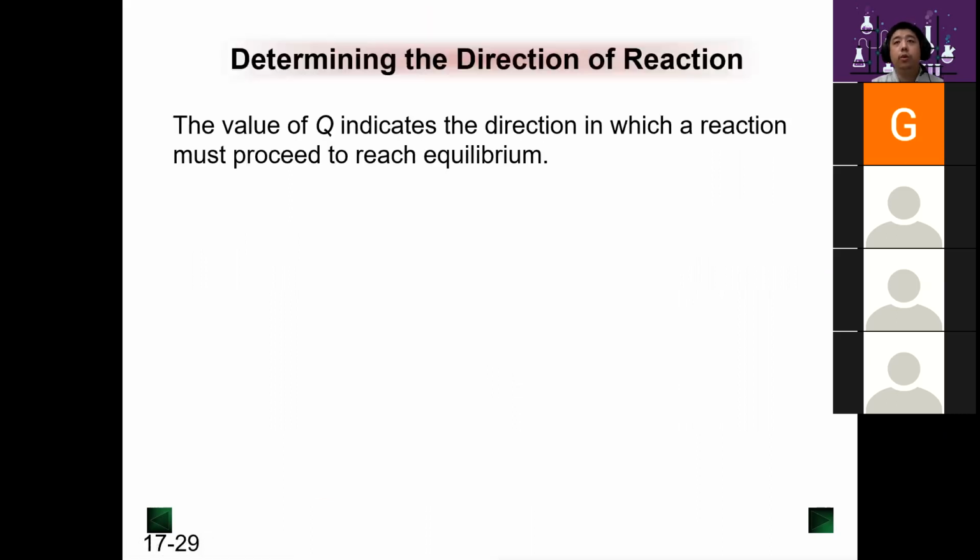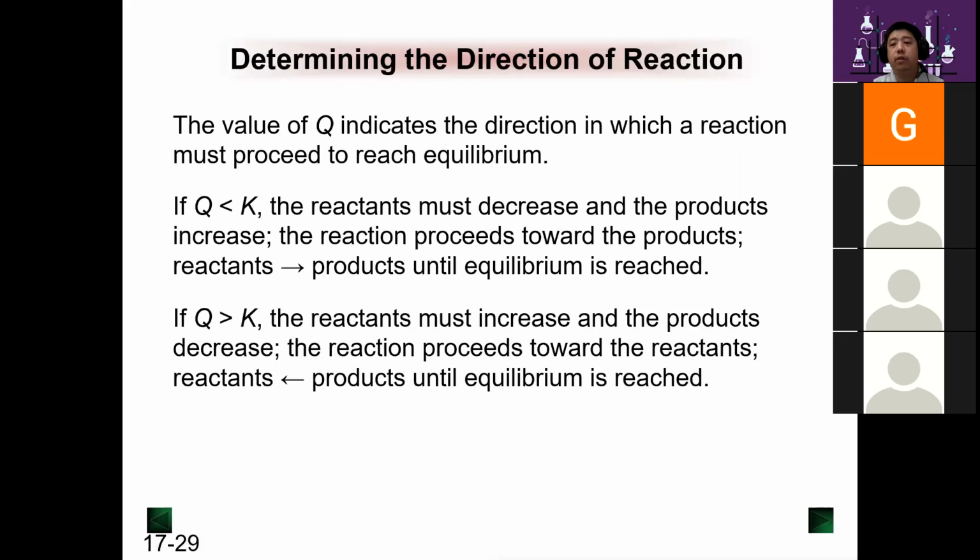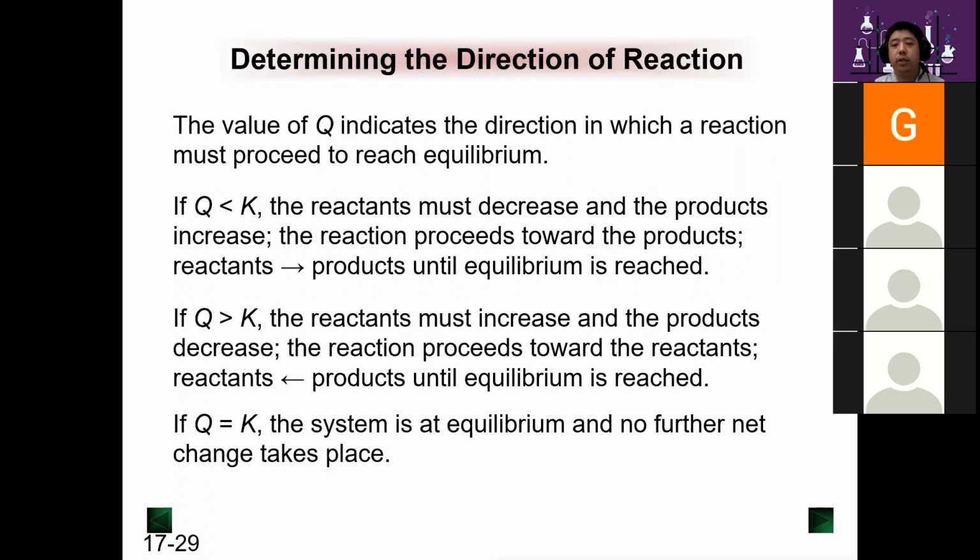Okay. So we're going to go ahead and determine the direction of our reaction based on the relation between Q and K. So remember, Q is where you are at that moment, wherever that is. K is a constant, it does not change. So if Q is less than K, that means my ratio of products over reactants, I either have too much reactants or too little products. Some combination of that sort.